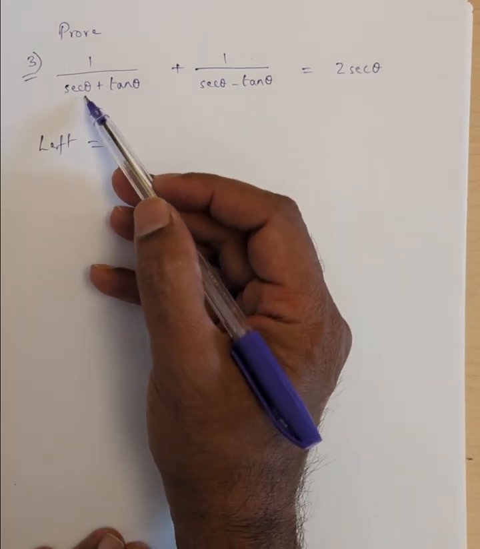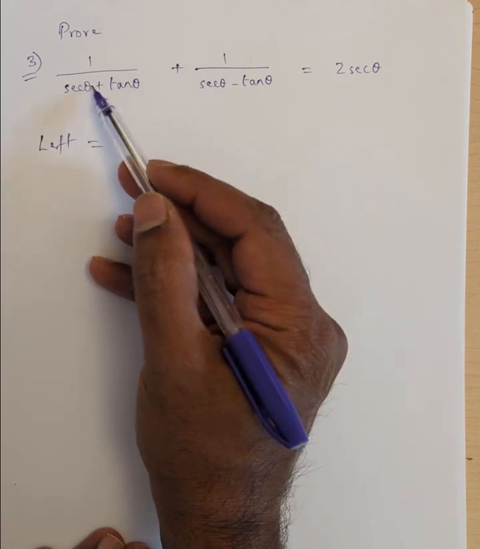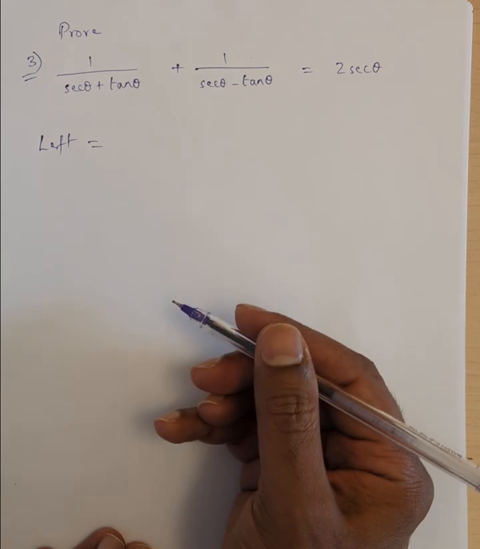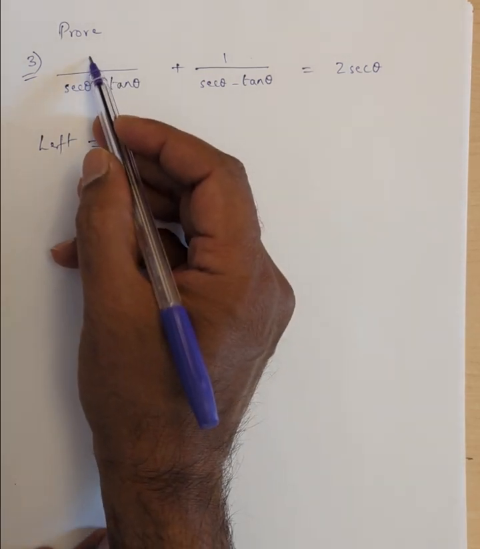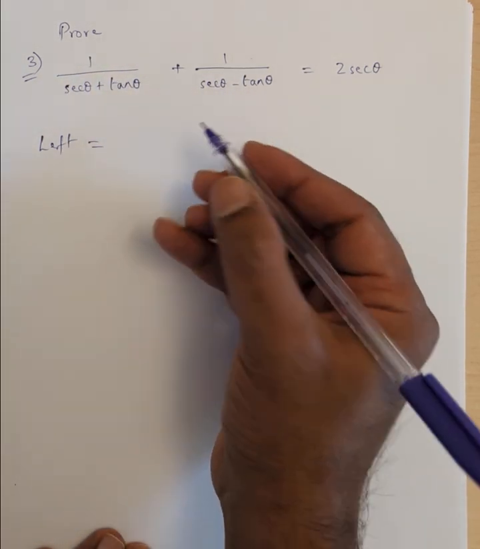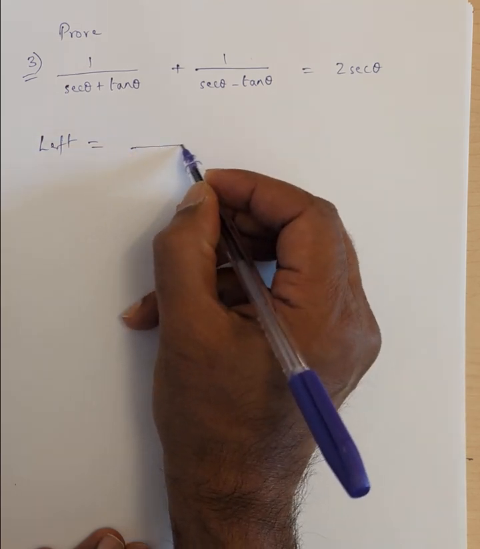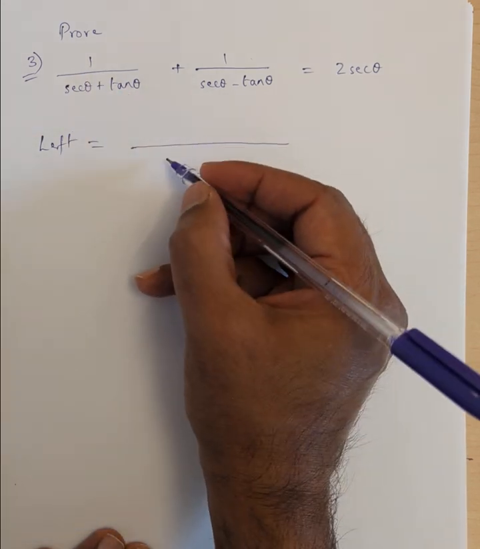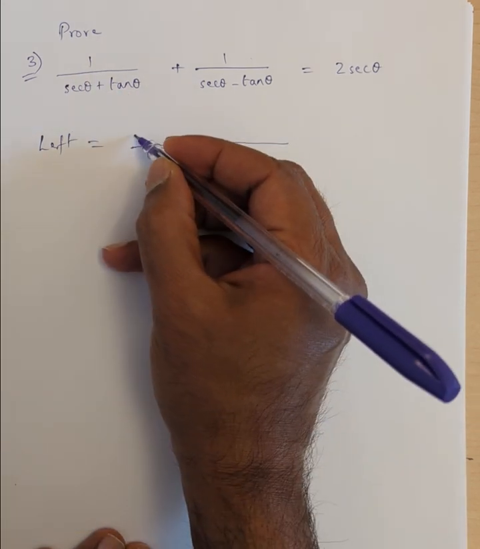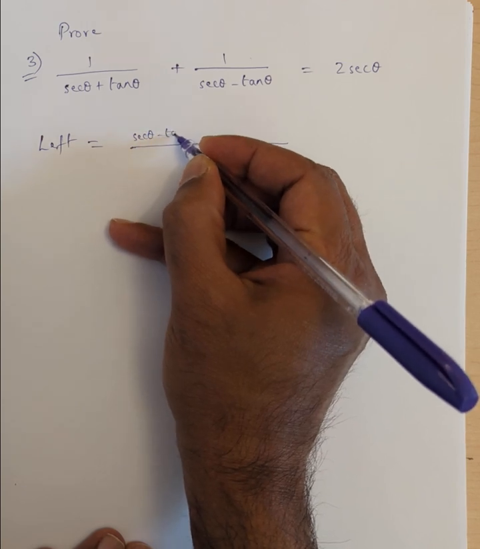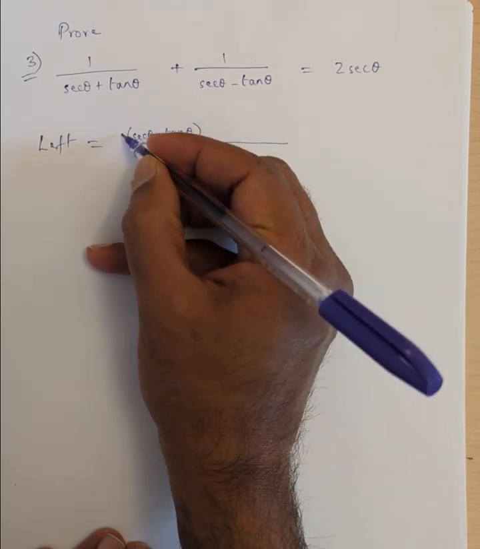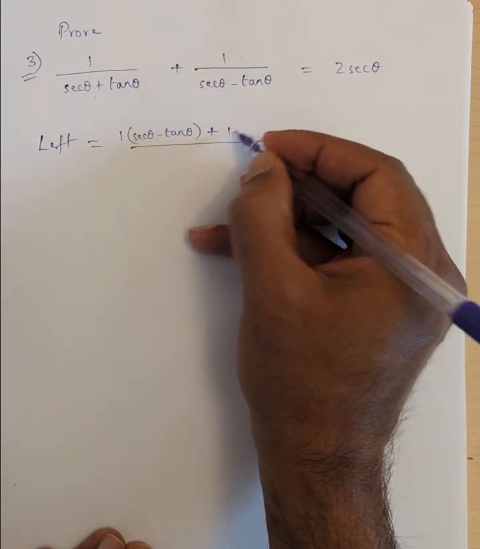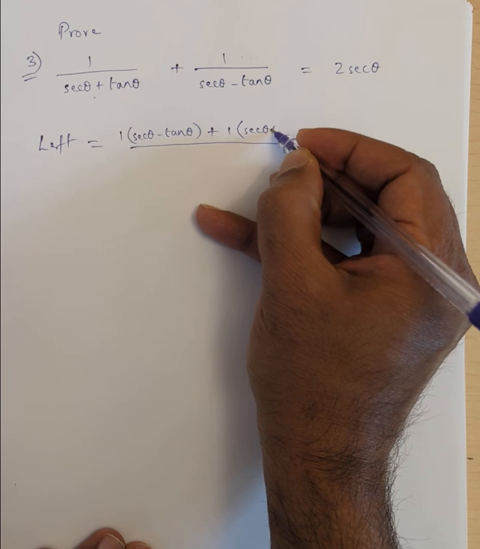Now, you could convert to sines and cosines, but you have to add these two fractions. So let's go ahead and first add the fractions. Cross multiplying will give me a fraction where the numerator is 1 times secant theta minus tan theta, plus 1 times secant theta plus tan theta.